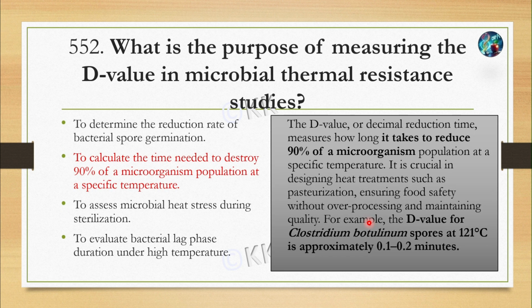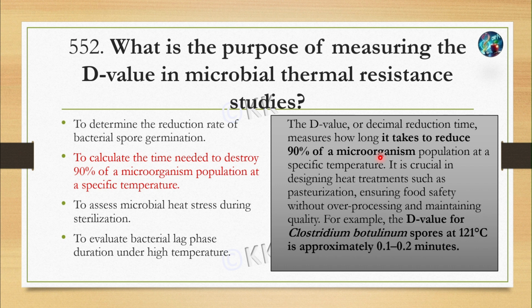The correct option is option B, to calculate the time needed to destroy 90% of the microorganism population at a specific temperature. The D value, or the decimal reduction time, measures how long it takes to reduce 90% of the microorganism population at a specific temperature.